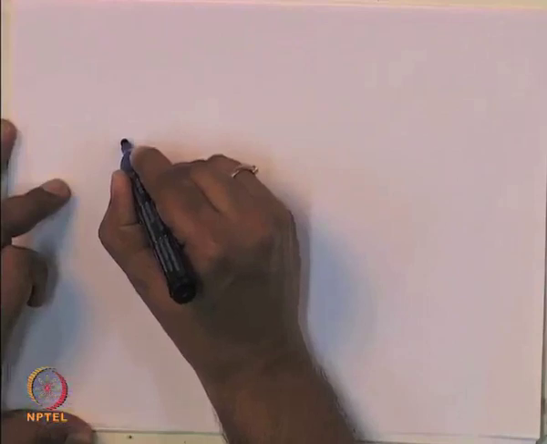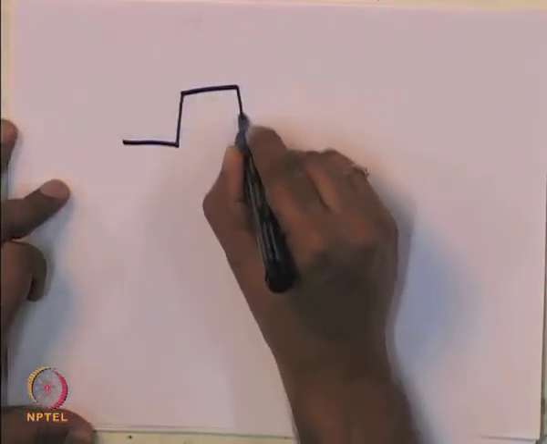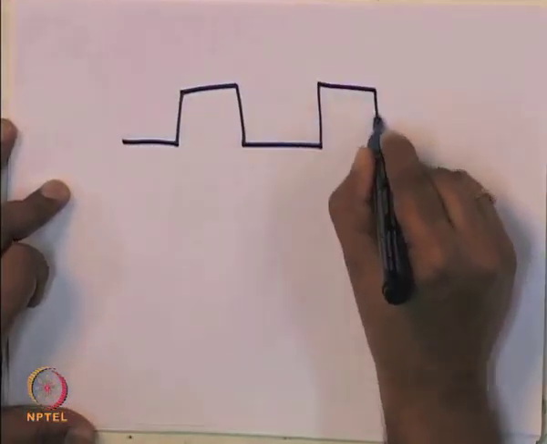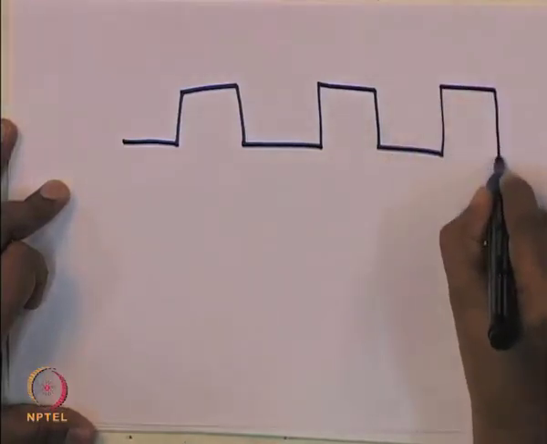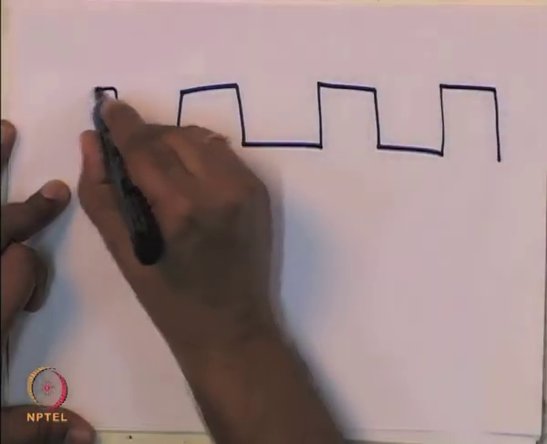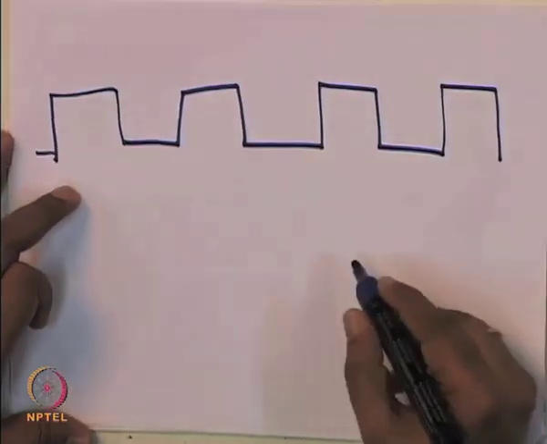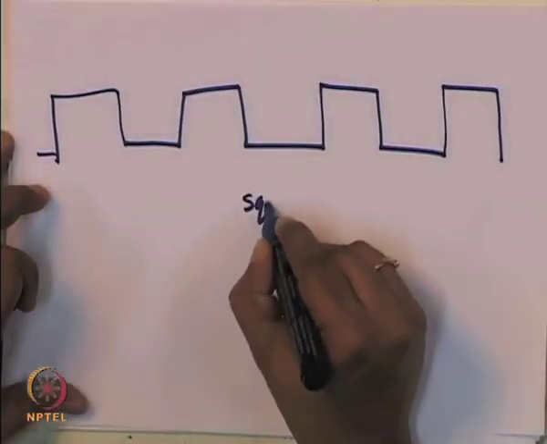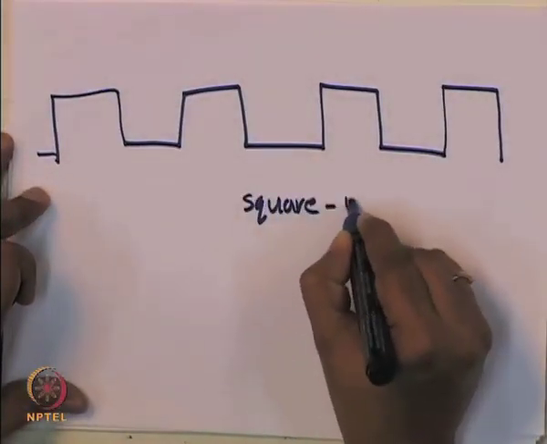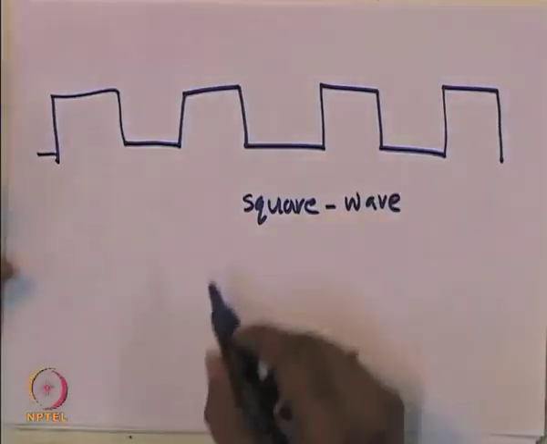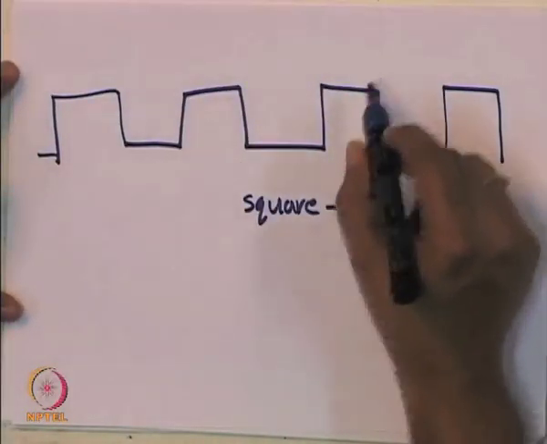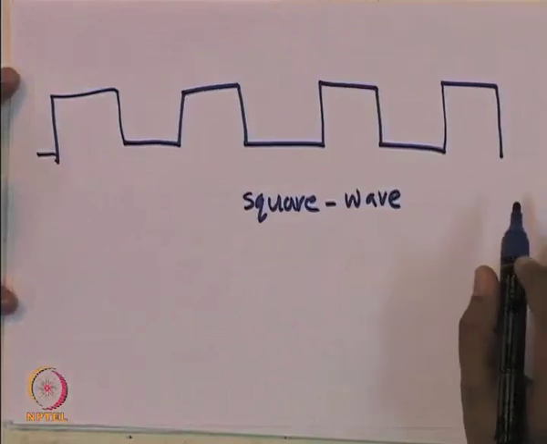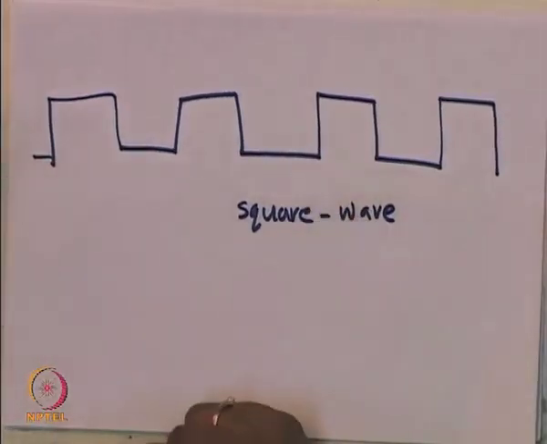So, what kind of periodic functions can we think of? Let us say you have something which is repeating like this. If you want, you can call it a square wave. It just keeps repeating periodically, but we do not know how to write an equation for this.